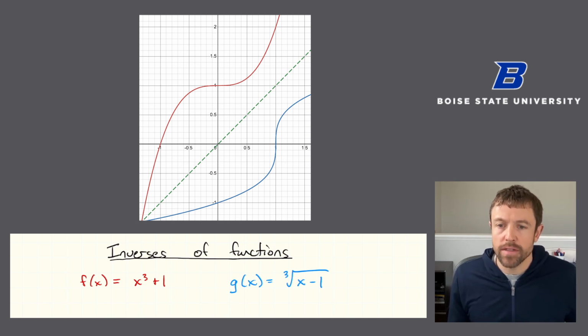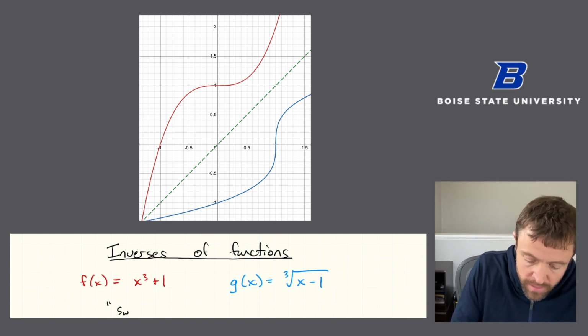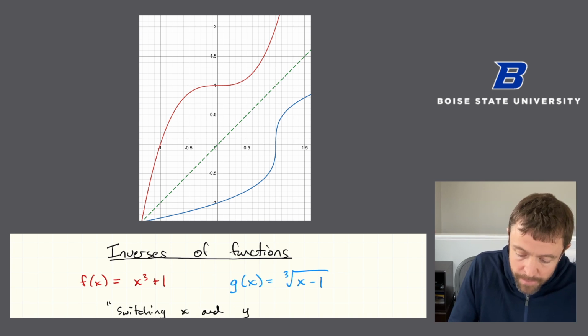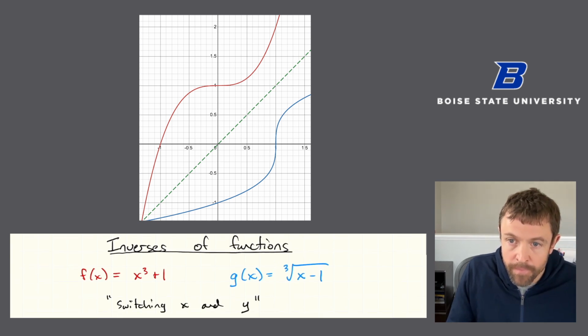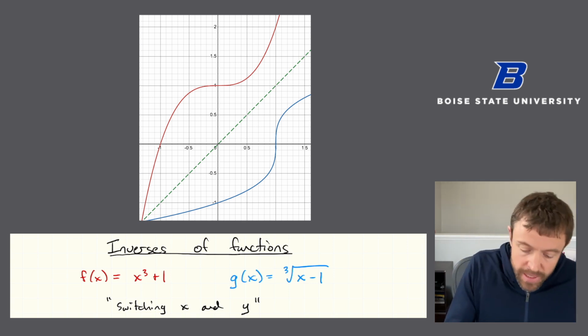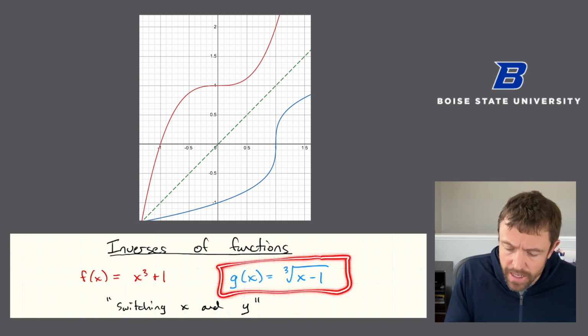Another way that people often talk about this is more computational, which is something along the lines of we're switching x and y. And what people will often do is they'll take this equation f of x and replace x with y and then solve for y, and then they get g of x.